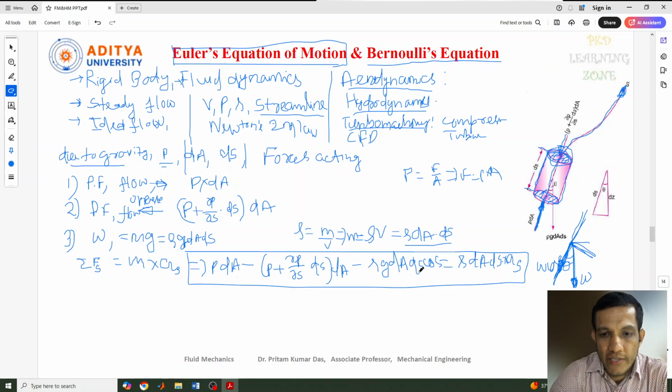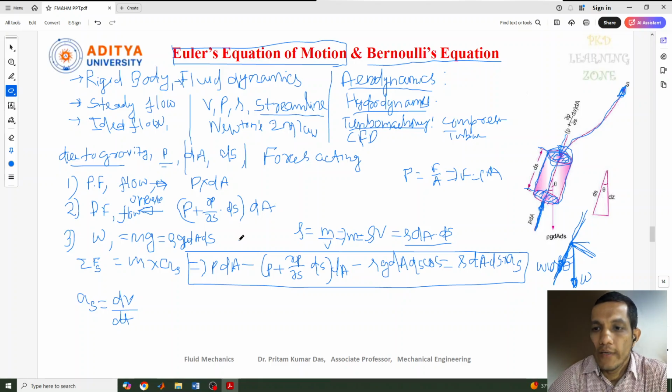Okay, I hope you understand. This is the equation. Now I'll consider the acceleration in the direction of s. We know that acceleration is velocity with respect to time. So how do we calculate the acceleration of the fluid?